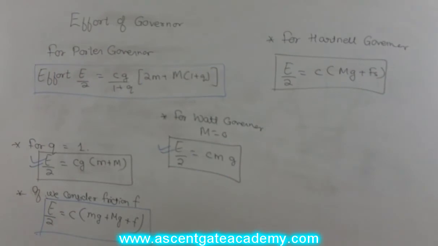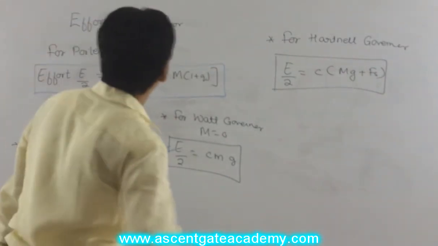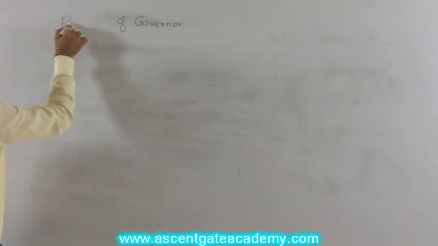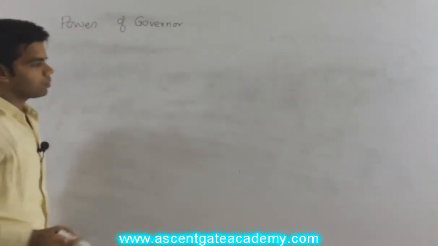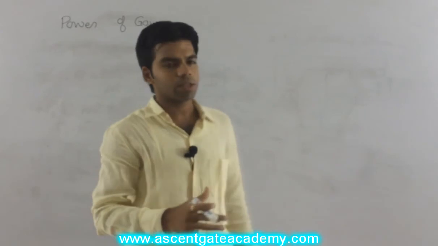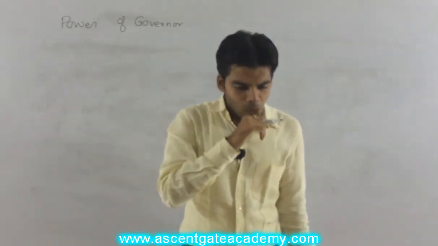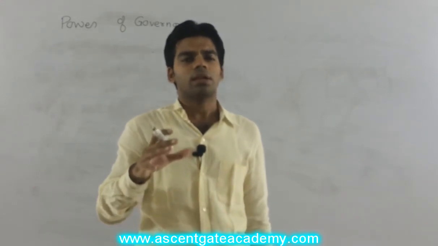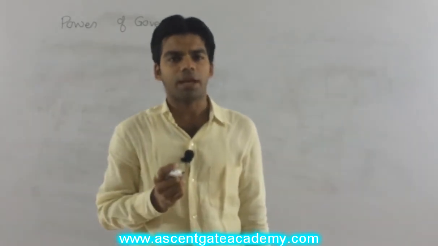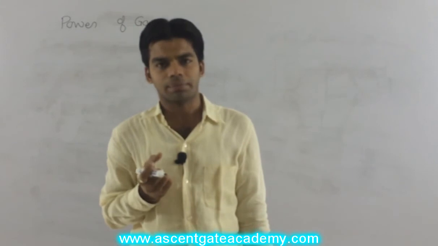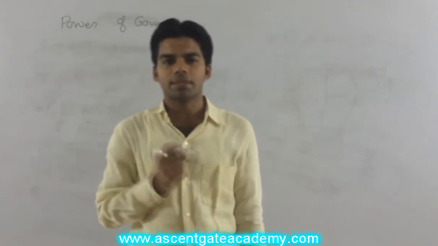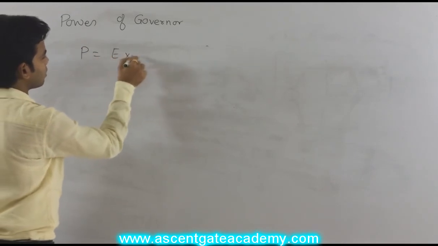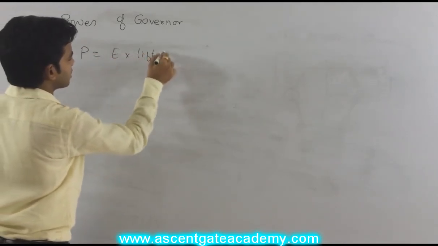Now next is the power required. Obviously if the governor is applying some force or some effort, then there has to be some work done, and that work done per unit time is nothing but power. So this power will be equal to effort into lift of the sleeve.